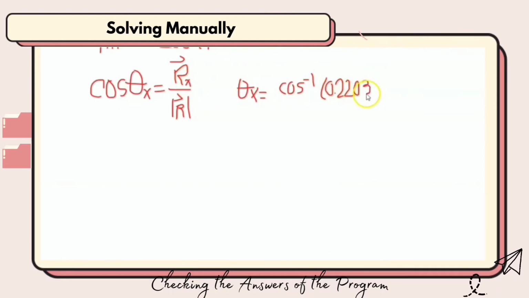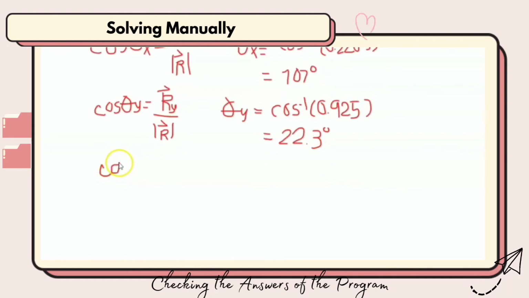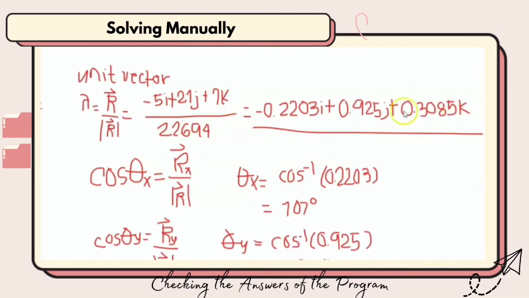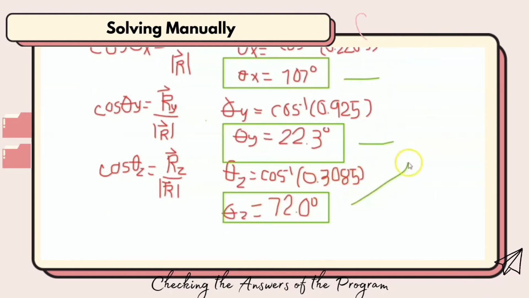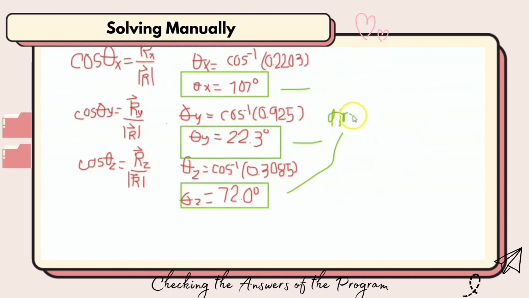Now we are going to substitute 0.2203, which is the product of the division of Rx by the magnitude. Now, same process. These angles tell us the direction of the vector.